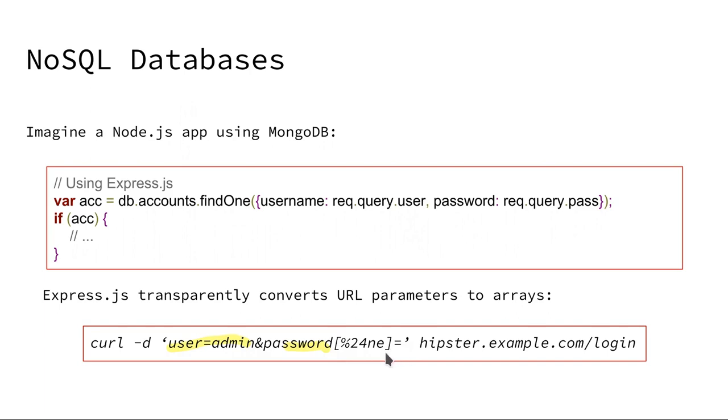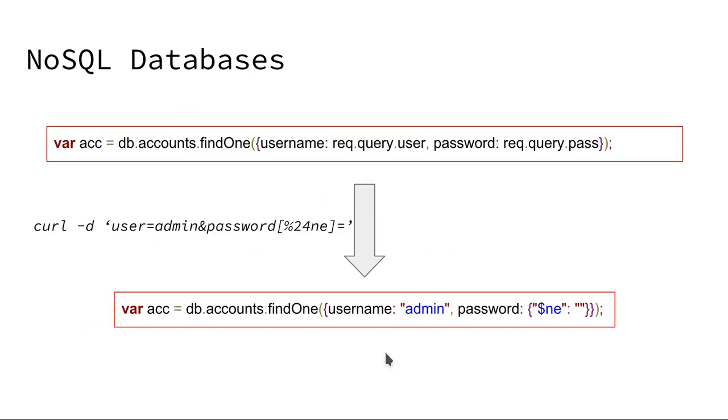So what happens? Well, the database, here the query parameter password of the password will be transferred to a JSON array, because the Node.js and the MongoDB talk to each other via JSON objects.